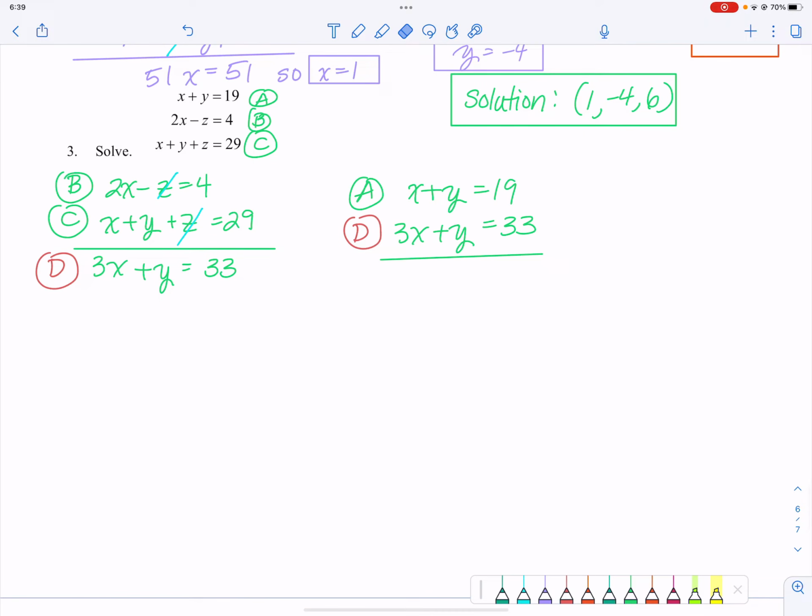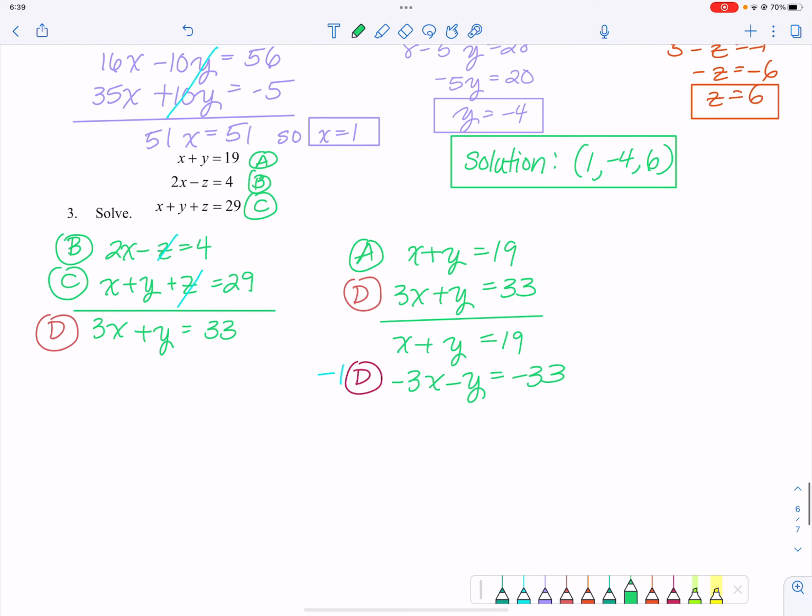So here we have X plus Y equals 19, and we're going to have a -1 times D. And here we'll have a -3x, whoops, minus Y equals a -33.